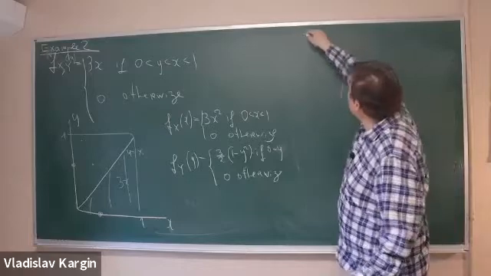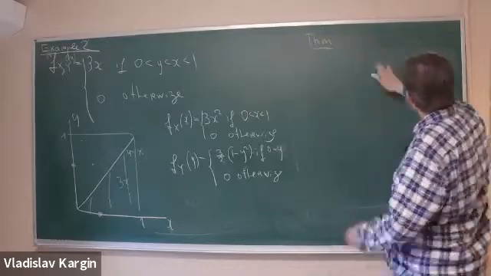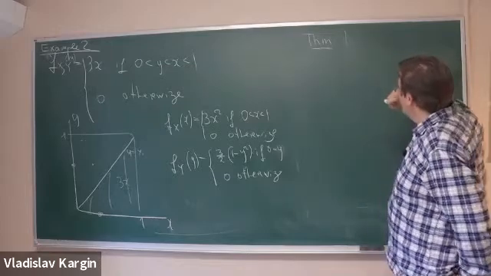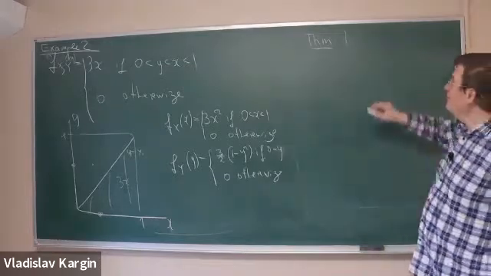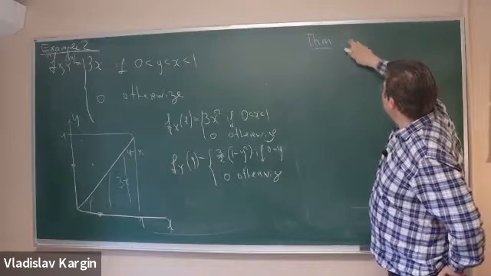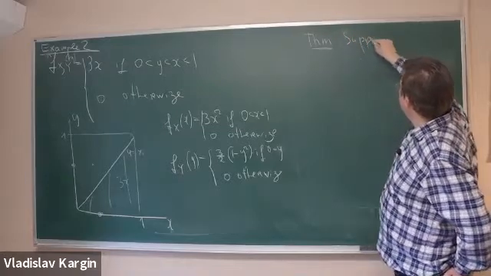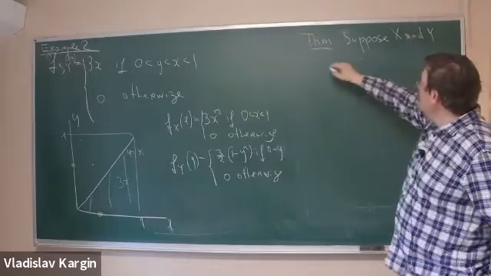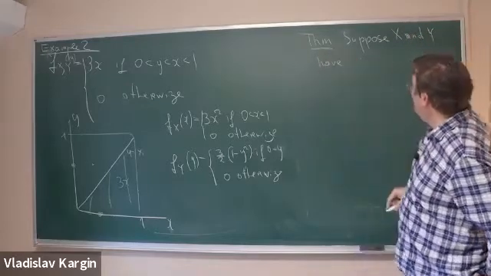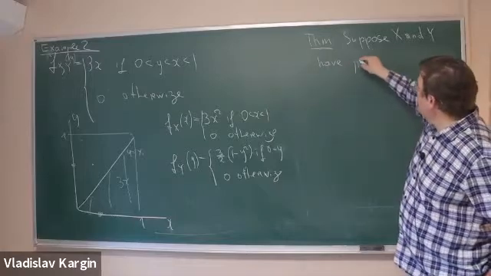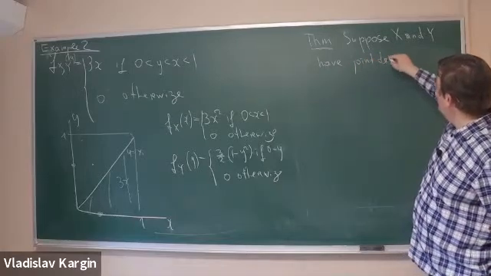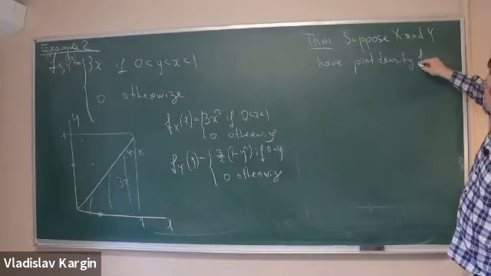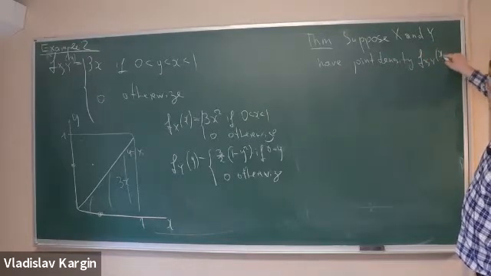So the theorem says that, suppose x and y have joint density f x y of x y.